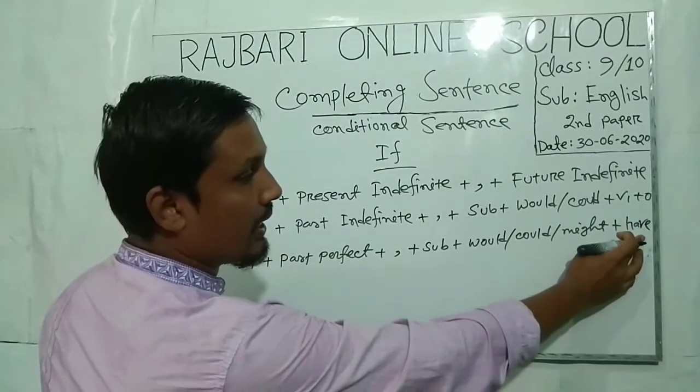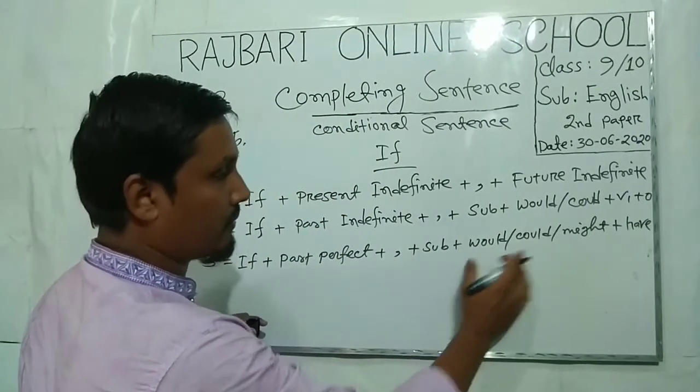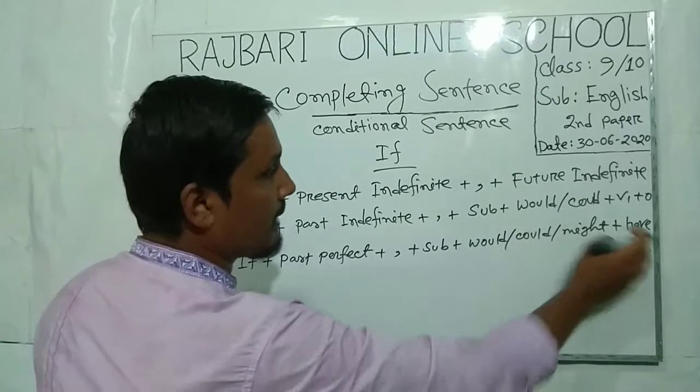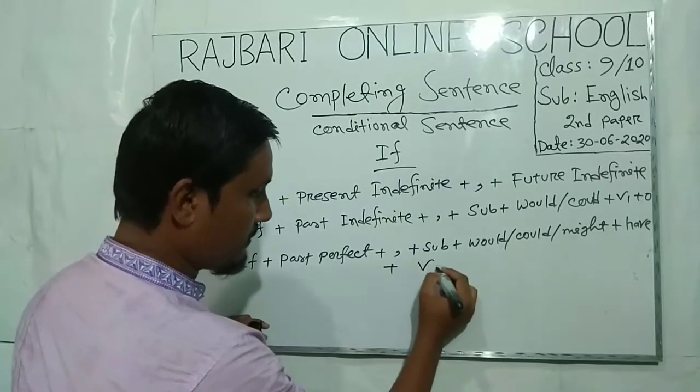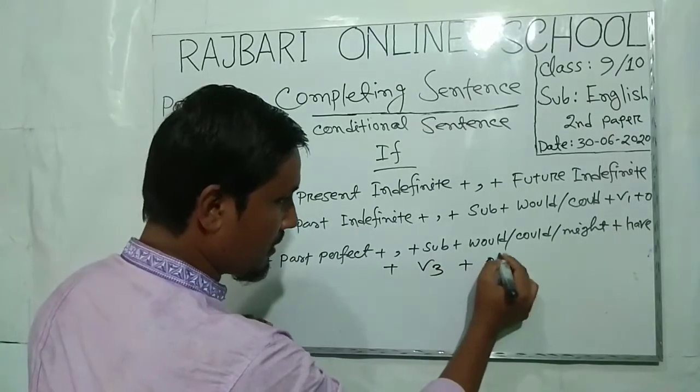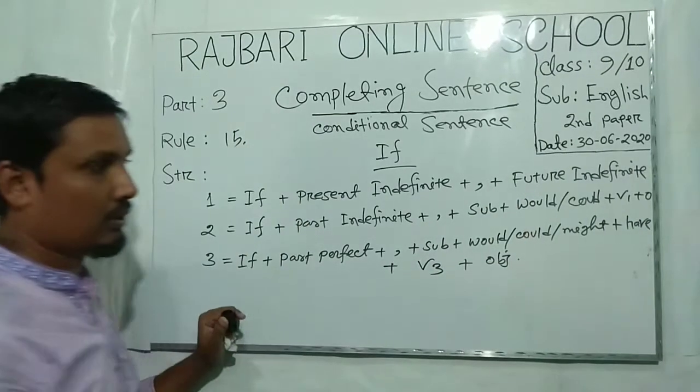You have to use have with three auxiliary verbs: would have, could have, might have. Okay, plus verb 3 plus perfect object.